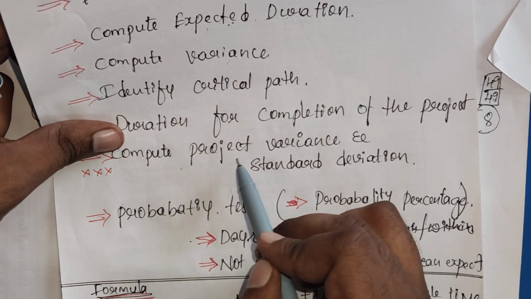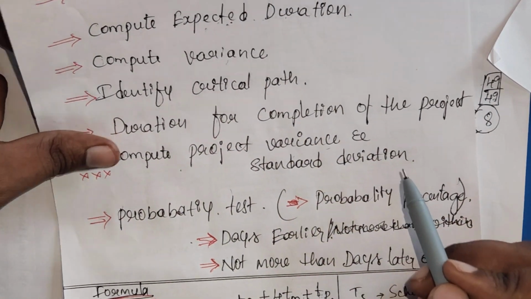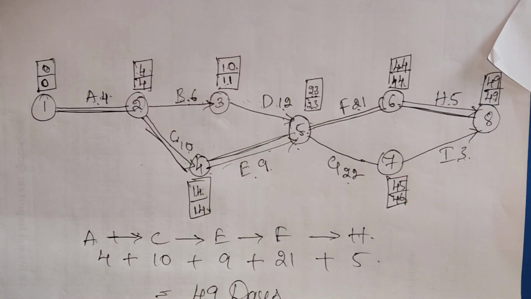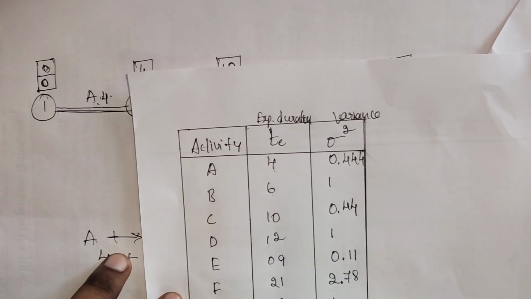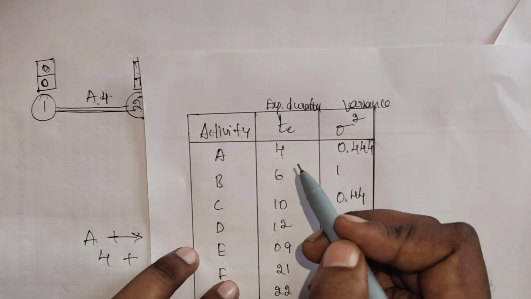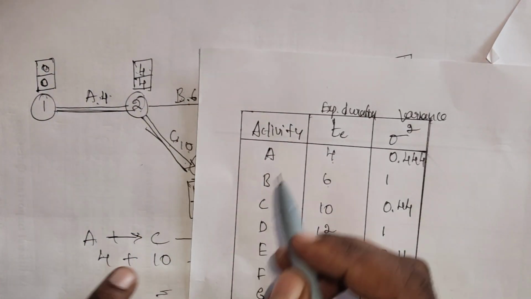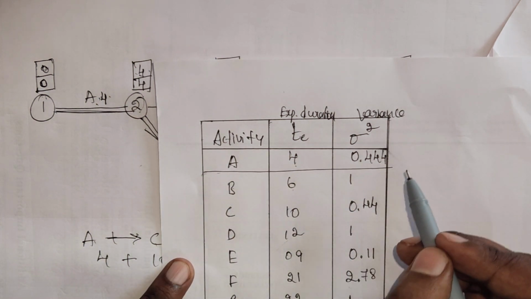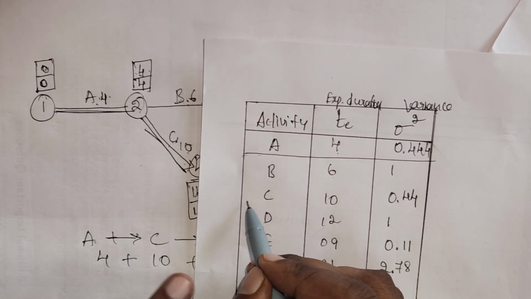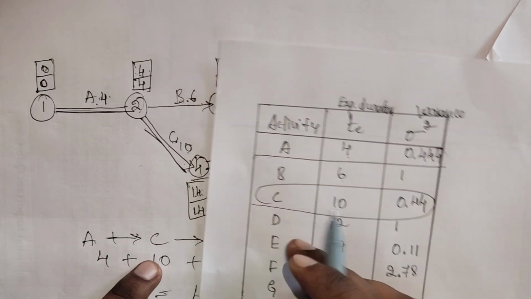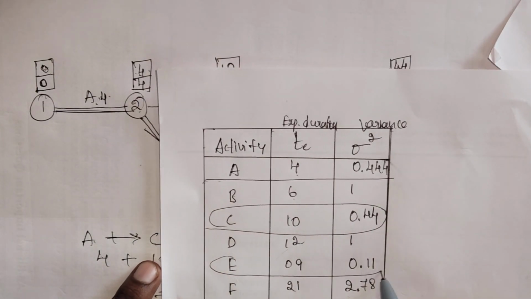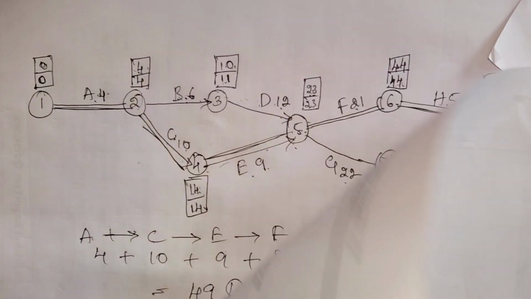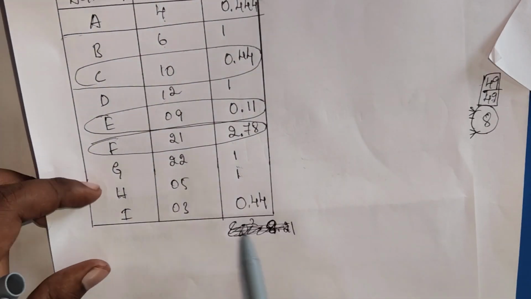The next step is to compute the project variance and the standard deviation. How can we calculate them? First, mark the specific activities that are involved. A is involved, C is involved, E is involved, F is involved, and H is involved.